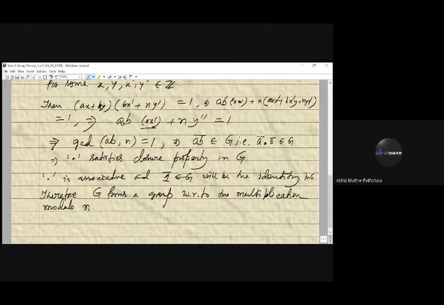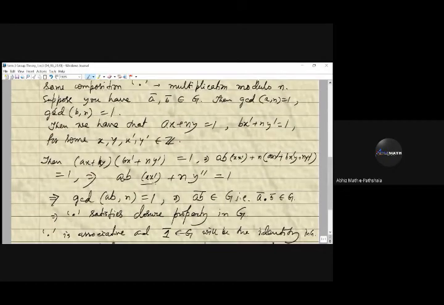So whenever you are considering Zn with respect to multiplication modulo n, you can always have a group like that, which is comprising of those elements a class such that GCD of a comma n is 1, right?